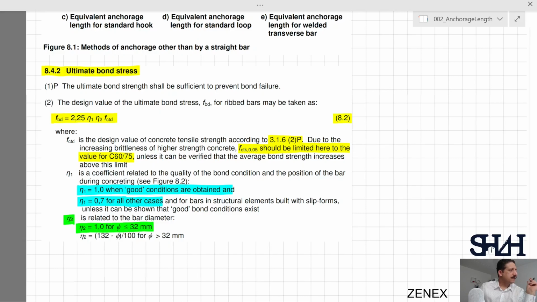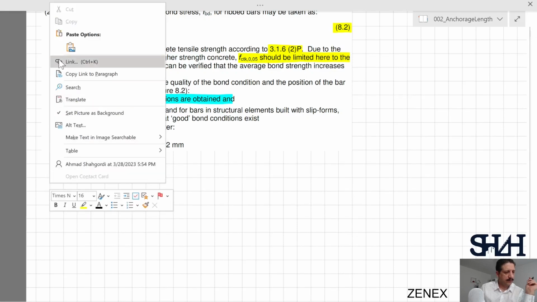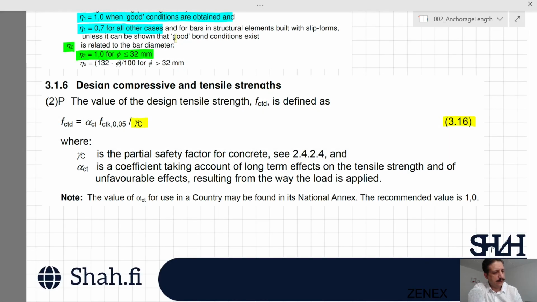So fctd is given in clause 3.1.6. And have a look at that. 3.1.6, and here is the fctd calculation. Gamma C is given in 2.4.2.4, which for concrete is 1.5. You can check the table.